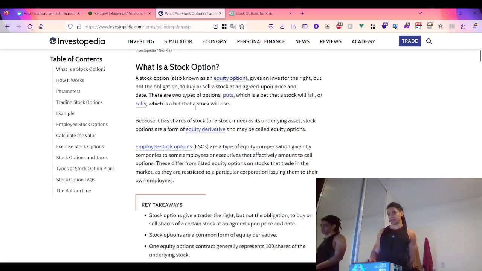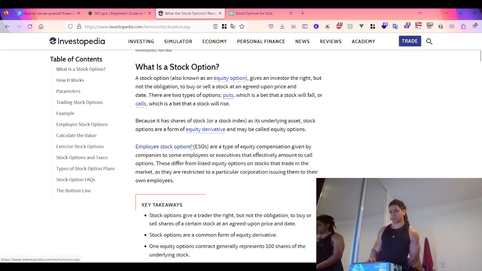There are two types of options: put, which is a bet that the stock will fall, or call, which is a bet that the stock will rise. Because it has shares of stocks or a stock index as its underlying asset, stock options are forms of equity derivatives and may be called equity options.